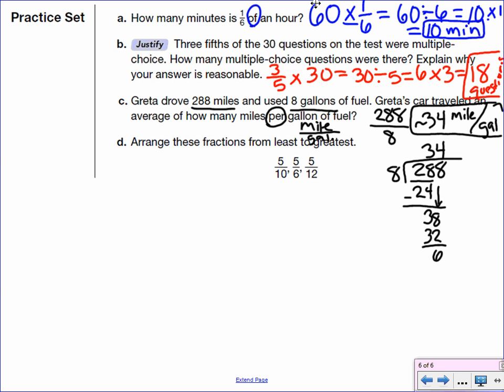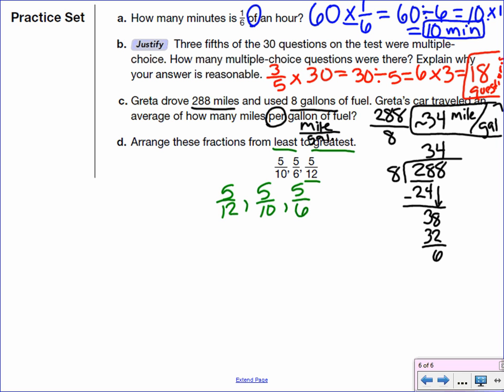And the final question. Arrange these fractions from least to greatest. So the numerators are all the same. So if I'm going to go from least to greatest, that means I'm going to put the most number of parts first. So the most number of parts is 12. So 5/12. And then the next most parts is 5/10, and the next most parts is 5/6.